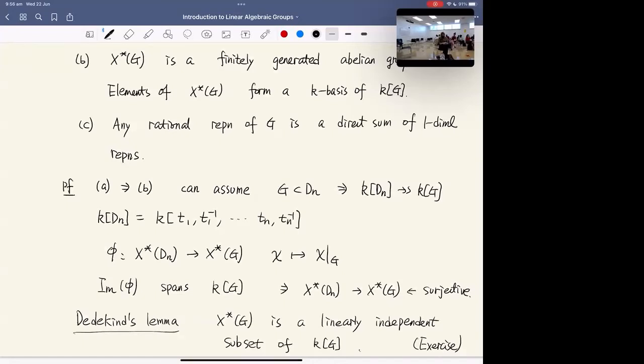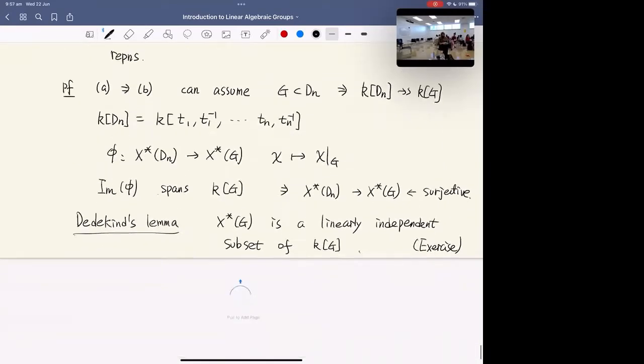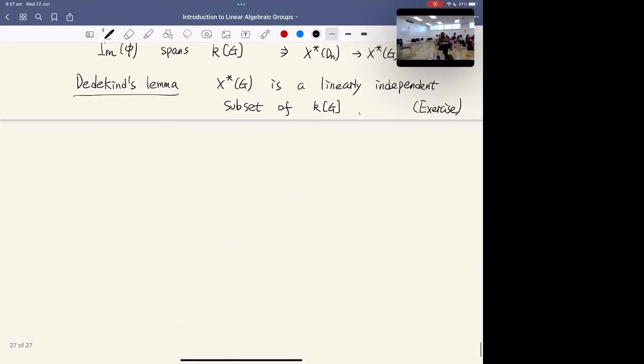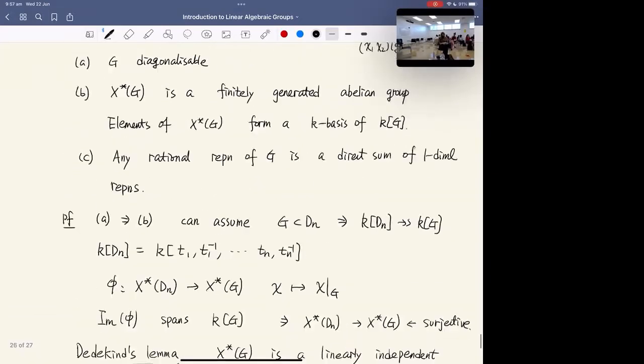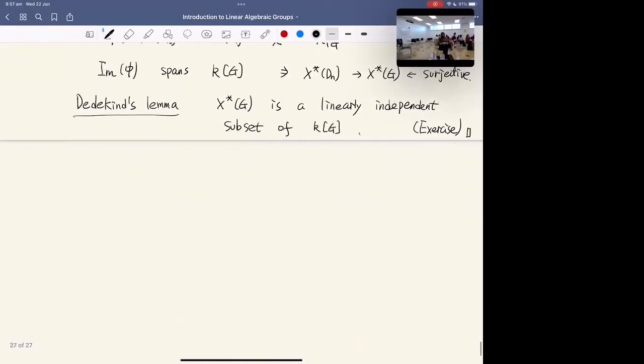Then your vector space is going to be a direct sum of eigenspaces, and all that shows that any representation of G is a direct sum of one-dimensional representations.